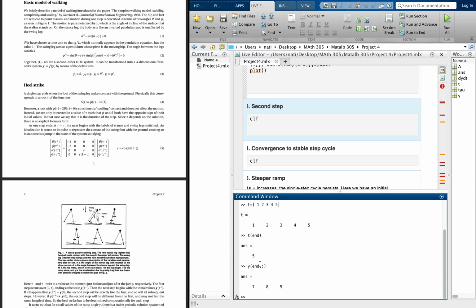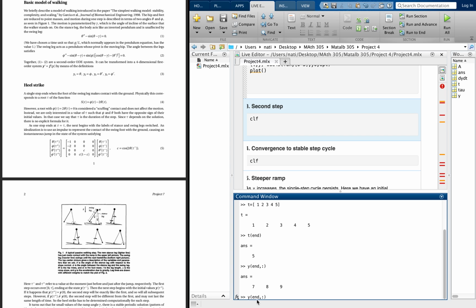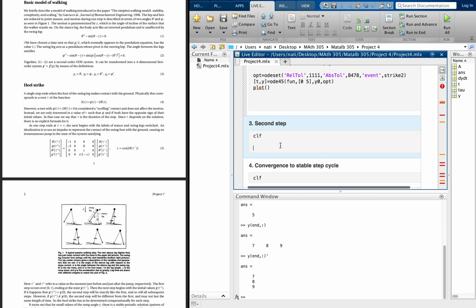That takes the last row, but all of the columns. When we do initial conditions, we need a column vector instead of a row vector. So we convert this into a column by doing the same expression, y end comma colon, and then putting in an apostrophe to get the transpose.